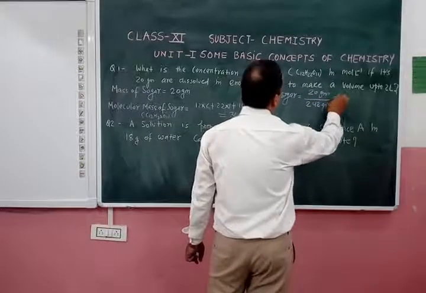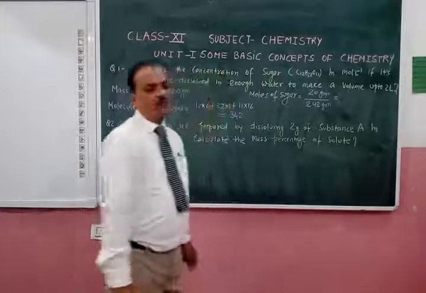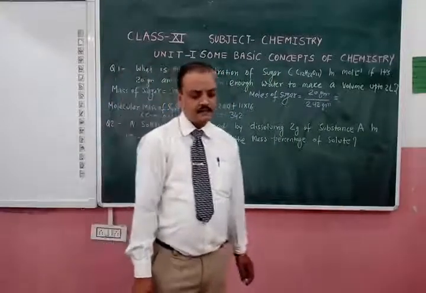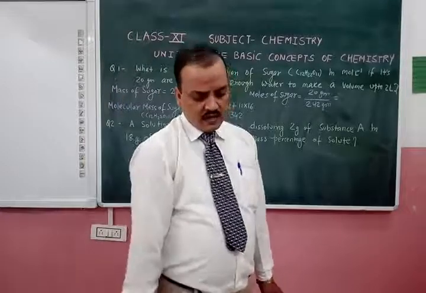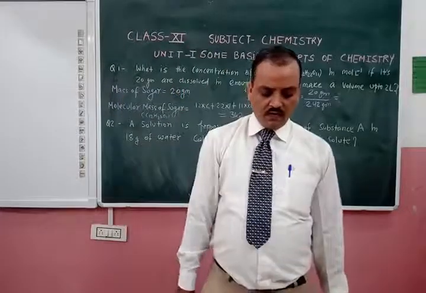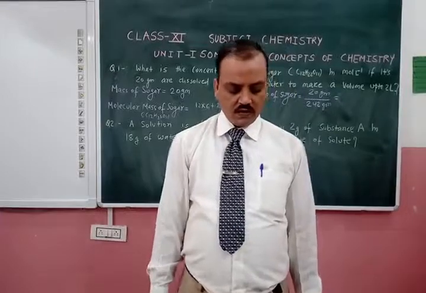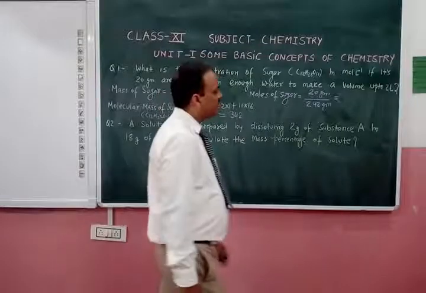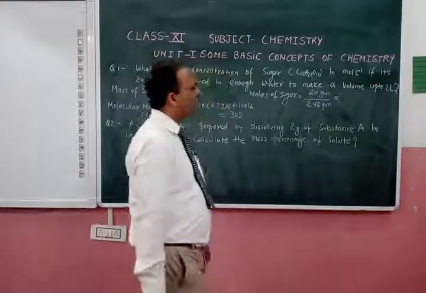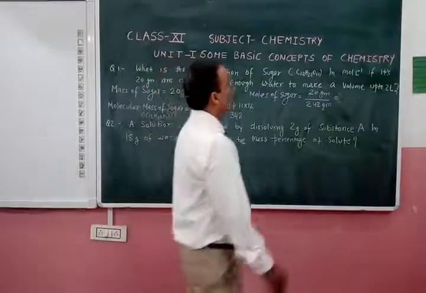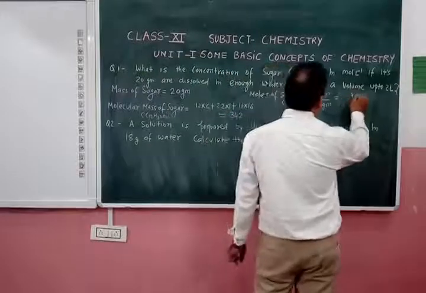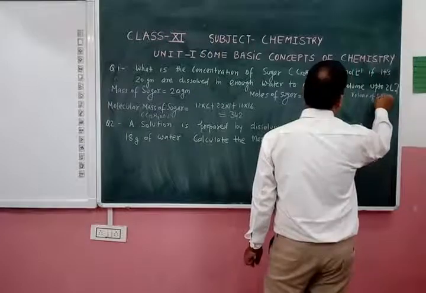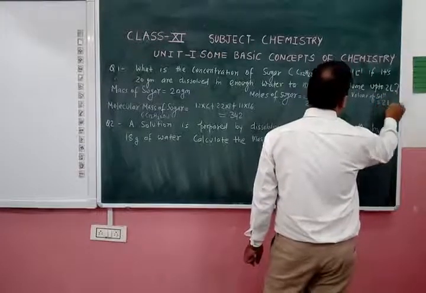So that is the mole value of this sugar. And the volume of the solution is given in liter, and that is 2 liter. Volume of solution equals 2 liter.